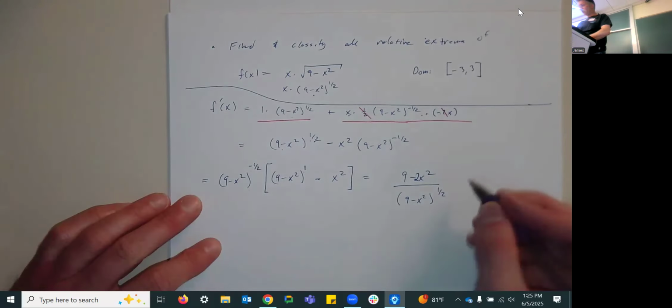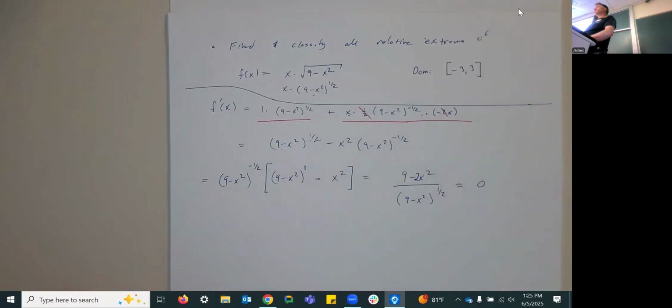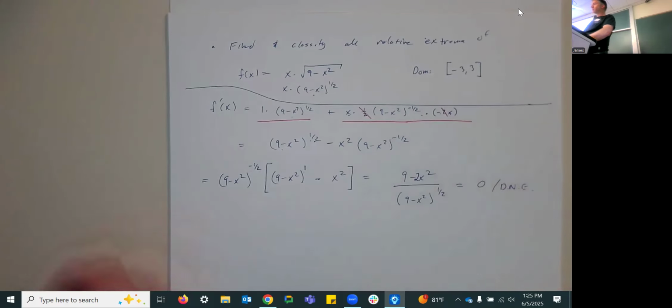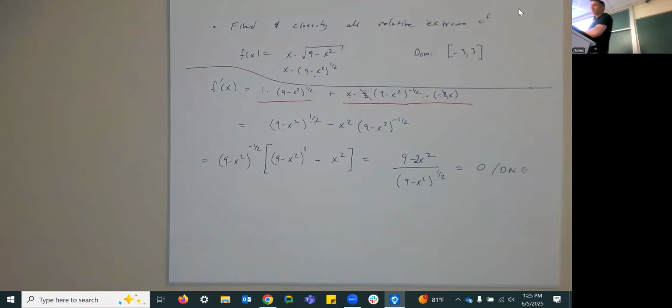And we're going to set that equal to 0 or undefined. Which I'm not really worried about, but I feel like I shouldn't just not say it because technically, if you're finding critical points, it's points in the domain where the function is either having a 0 derivative or an undefined derivative.